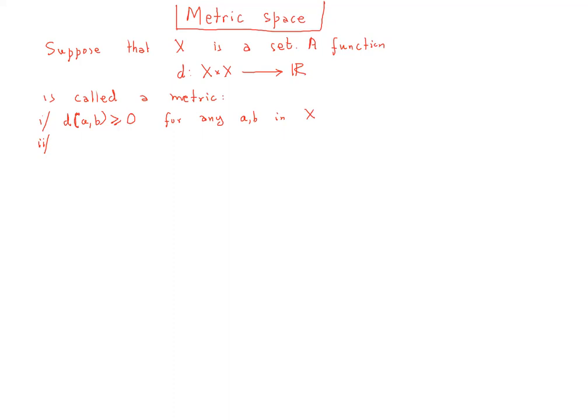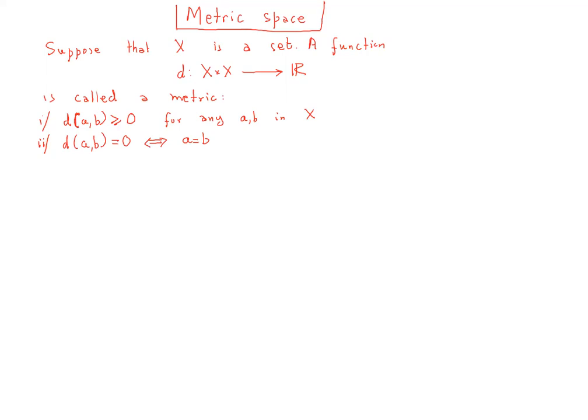So D(A,B) equal to 0 implies that A is equal to B. And we could say, of course, the other way around.